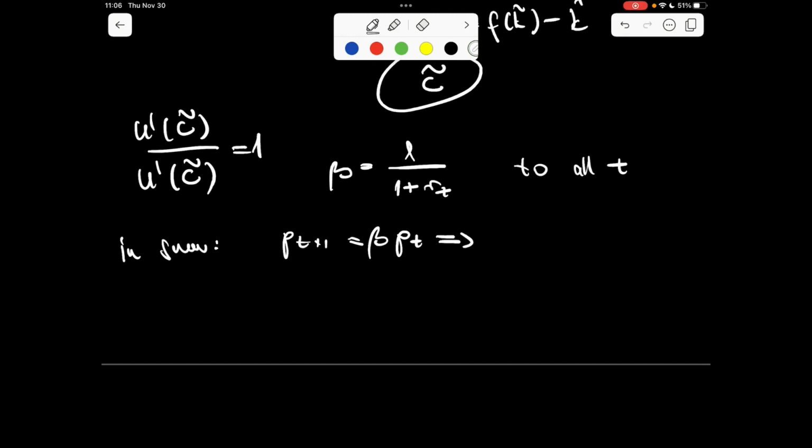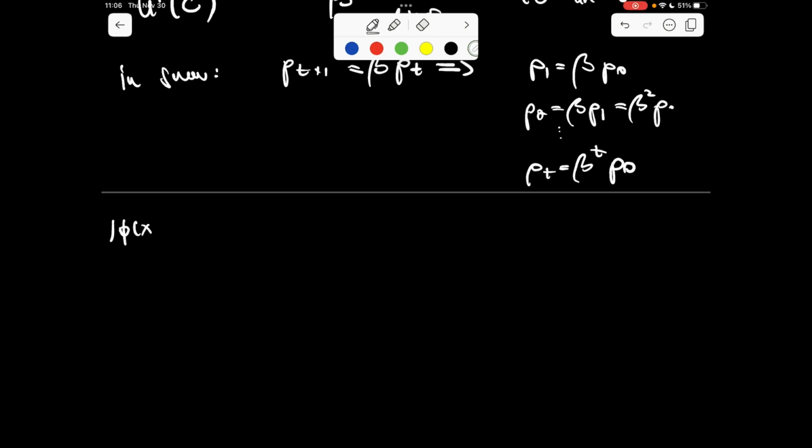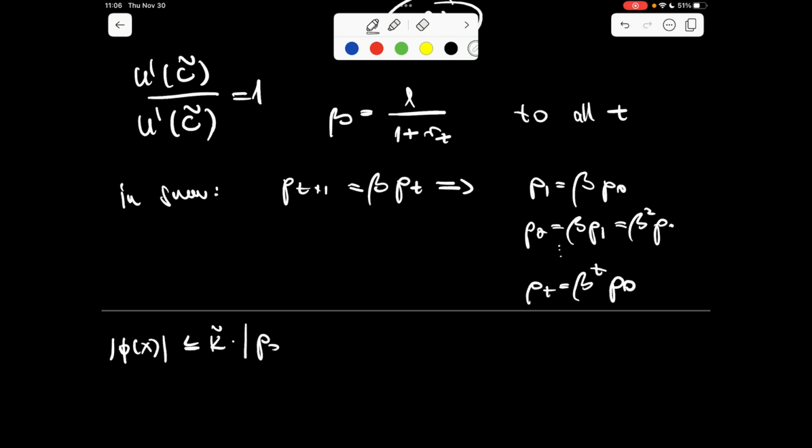So specifically, which is great. So the linear functional defined by our price system is finite.